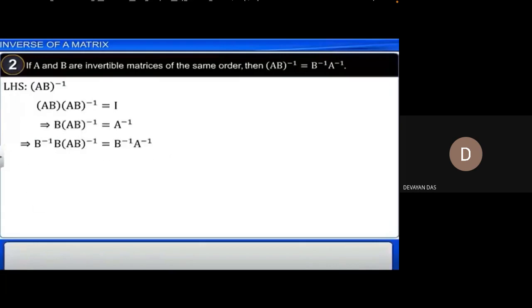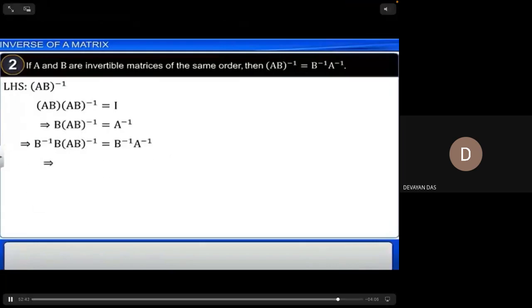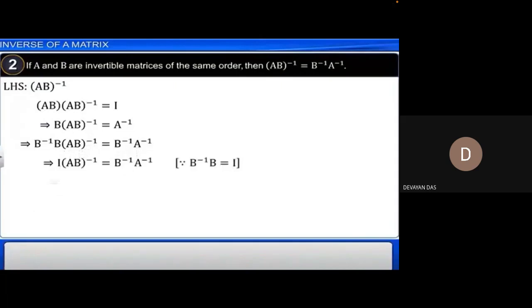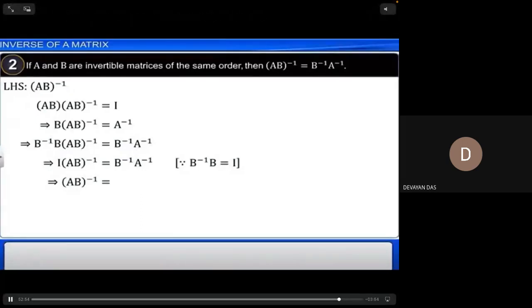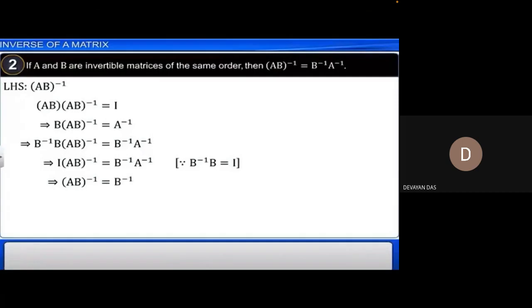But when you multiply, multiply on the left side only, so be careful in that situation. AB whole inverse is equal to B inverse into A inverse. So this is the way to prove that AB whole inverse is B inverse into A inverse.